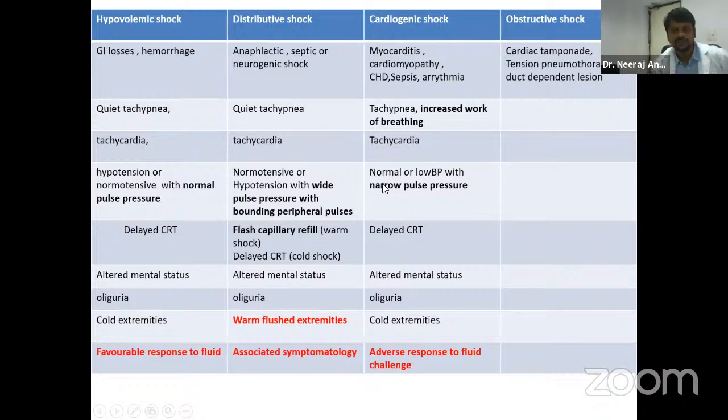In cardiogenic shock, there will be narrow pulse pressure and the patient might be hypotensive or the BP might be normal. In patients with hypovolemic shock as well as cardiogenic shock, the capillary refill time will be delayed. In septic shock, especially if the patient presents with warm shock, there will be flash capillary refill, that is, the capillary refill time will be less than 1 second.